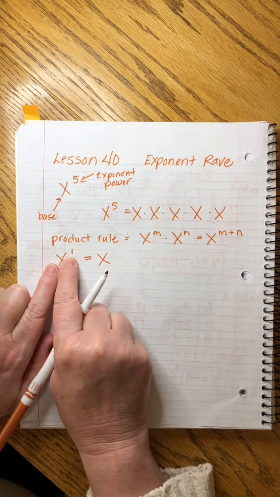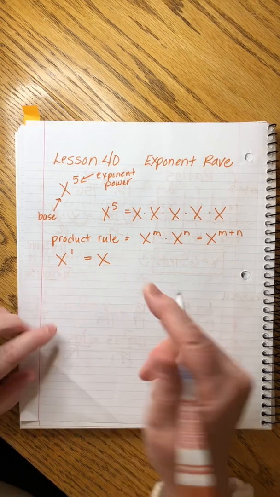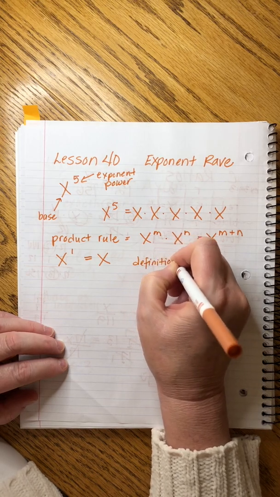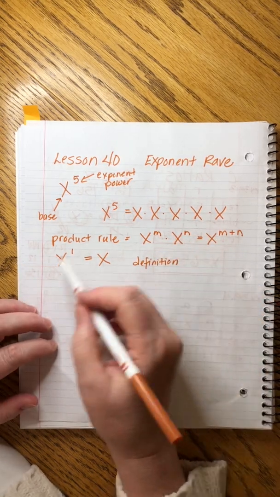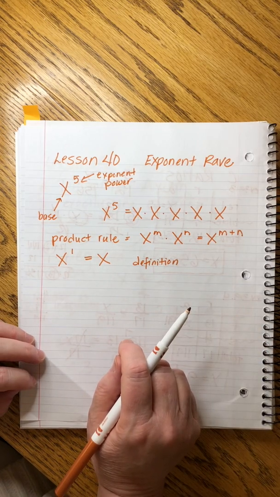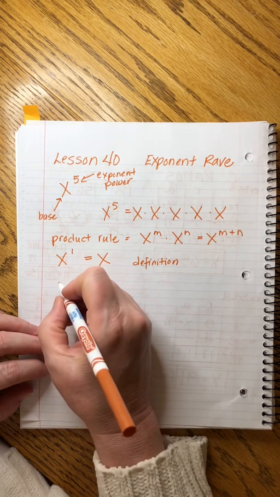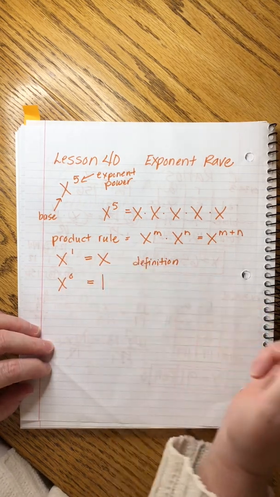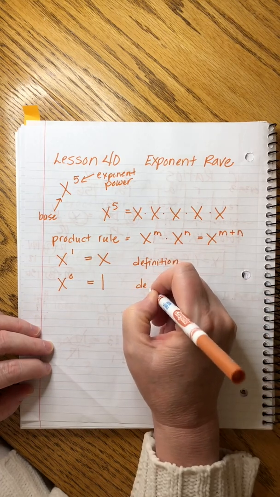Or if we have an exponent of 1, we can simplify it by dropping it off. This is what we call a definition, in that it's nothing to argue about, it's just the way we use the symbols. We also know that x to the 0 power equals 1. That's just a definition, that's always true.